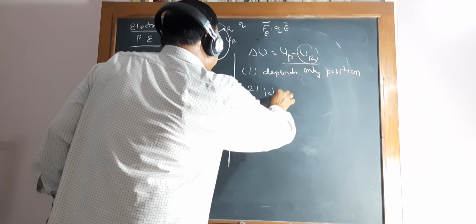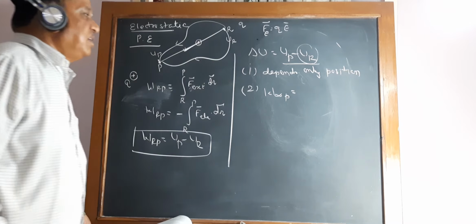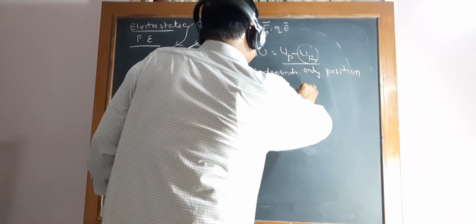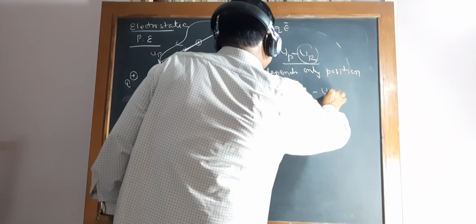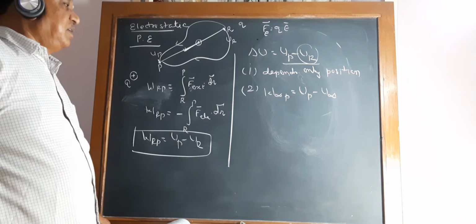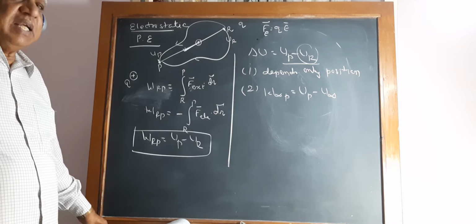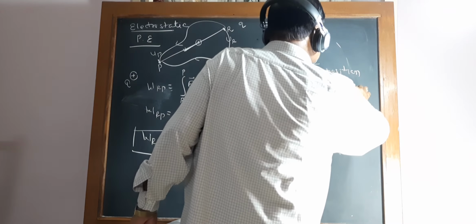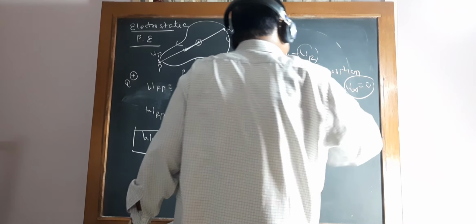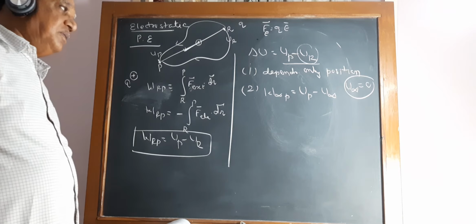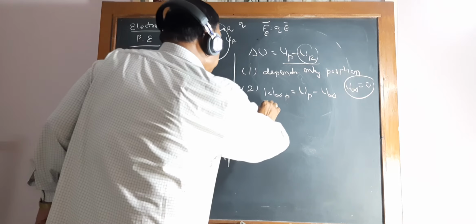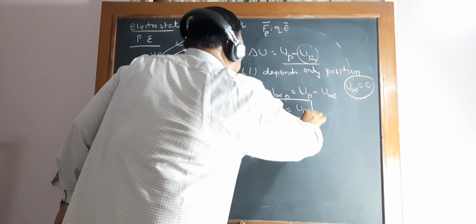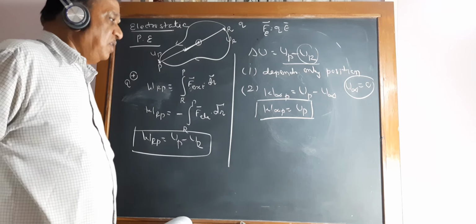Then we can say W infinite to P is UP minus U infinite. But if we are selecting U infinite as 0, means potential energy of the test charge at infinite is 0, then we can say this W infinite P is nothing but UP. From this we can define what is UP?